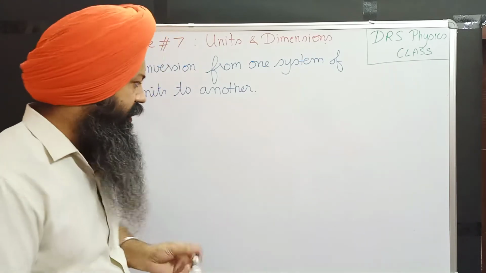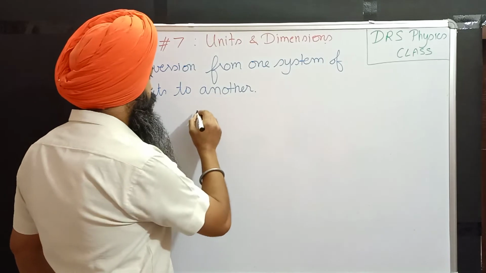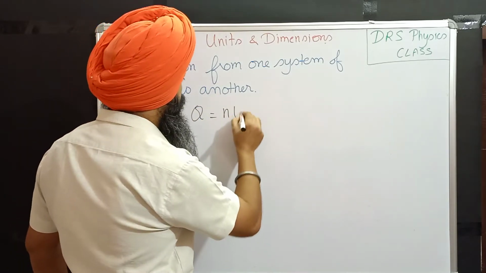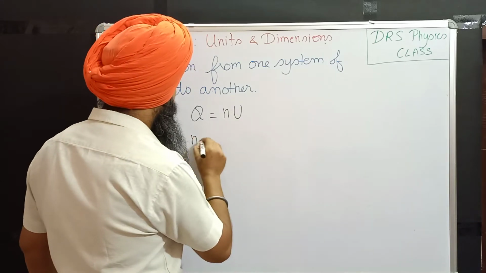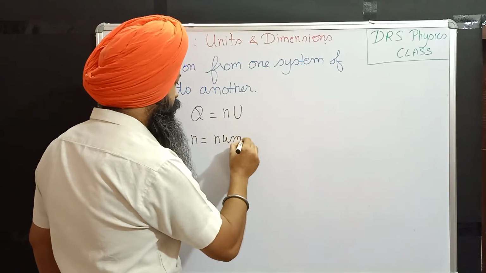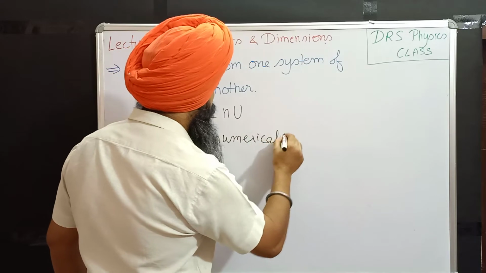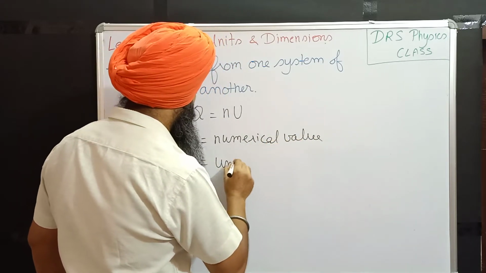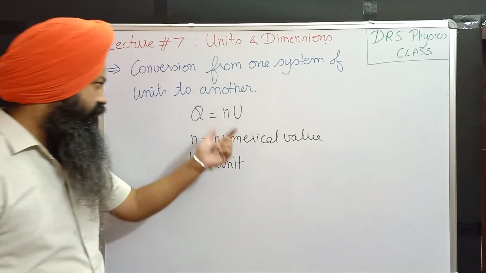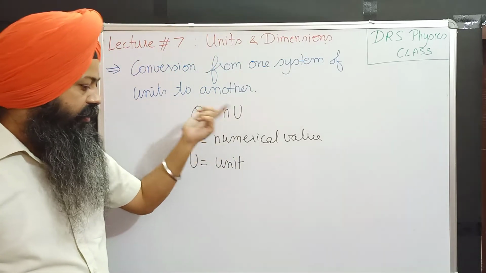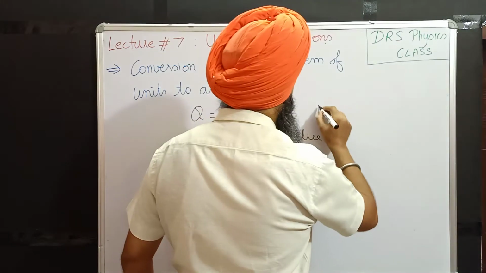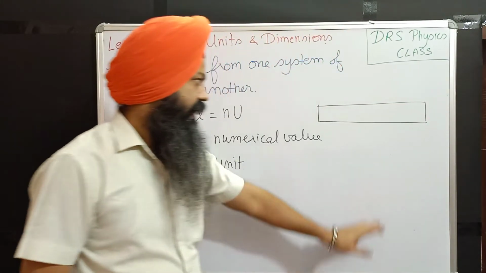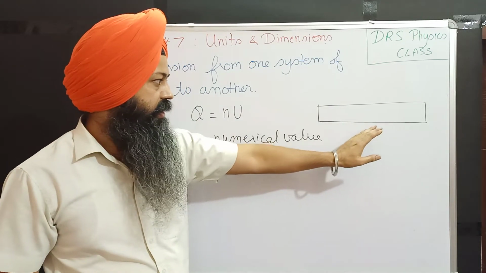We have discussed earlier that suppose there is a quantity Q. It is expressed as NU, where N is the numerical value and U is the unit. What is the meaning of this measurement? Suppose an unknown length is given to us and we are asked to measure it.